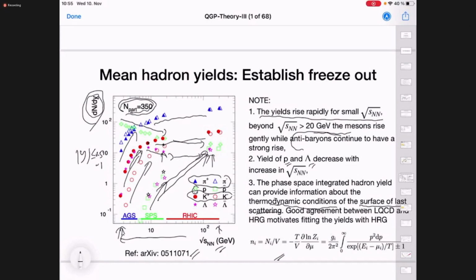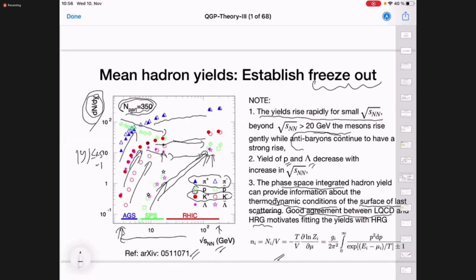But for today, we are discussing phase space integrated yields, and there the only state that you can hope to access is this surface of last scattering, which in more common parlance is known as freeze out. As we saw, there is good agreement between LQCD and HRG, where the hadron states are there.